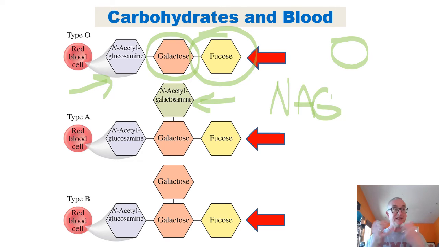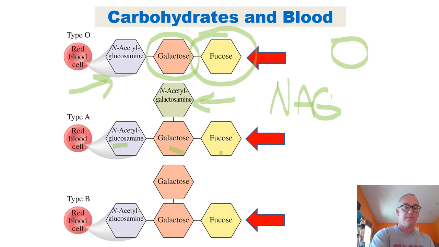Proteins generally protect themselves from being degraded by having a layer of carbohydrates on them that prevents enzymes from coming in and chewing them up. And one of the most common sugars in there is N-acetylglucosamine. So type A has the same group to start with, NAG followed by galactose followed by fucose, and then it has another NAG attached to the galactose.